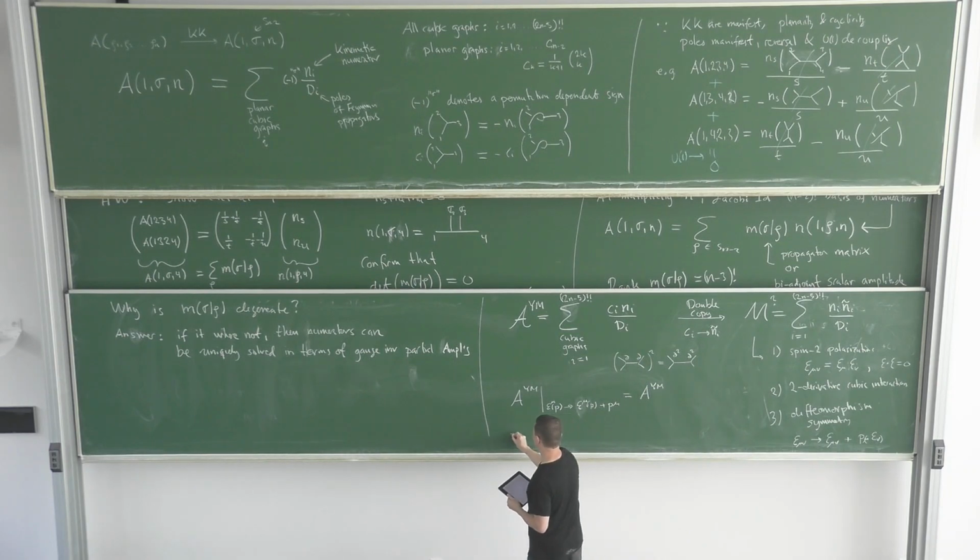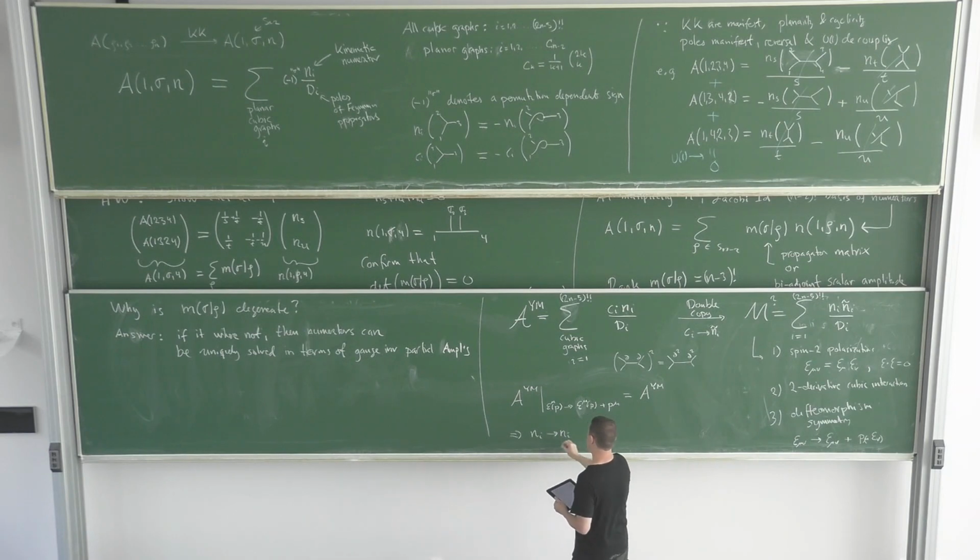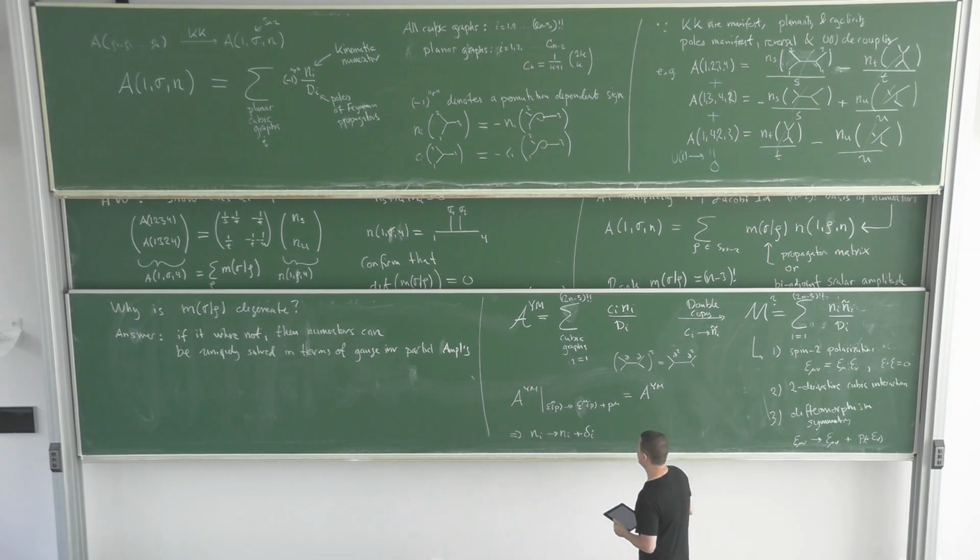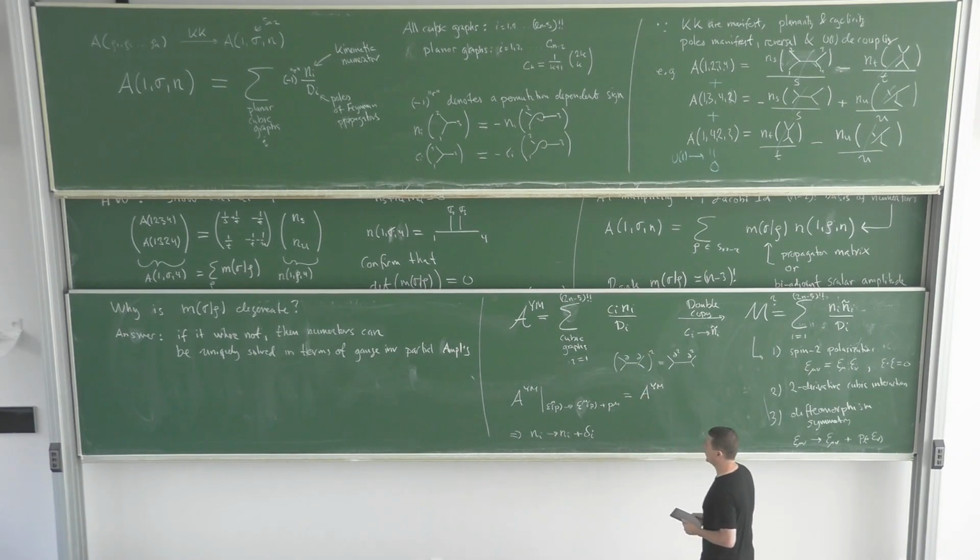So this implies that my numerator n_i, or the set of numerators n_i, could possibly pick up a shift. Let me just call the shift delta_i. And this shift here is simply plugging in p into my numerator instead of epsilon. So this is my definition of what delta is here, right?